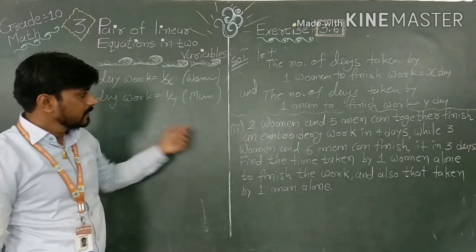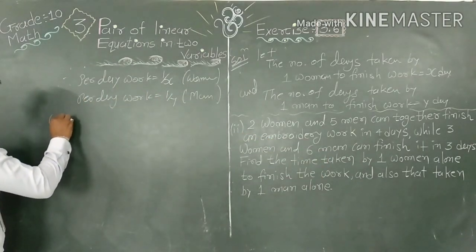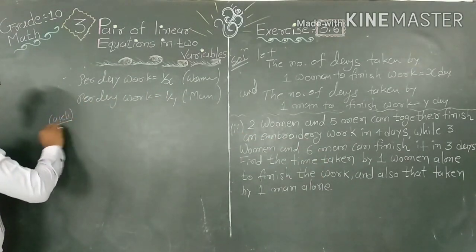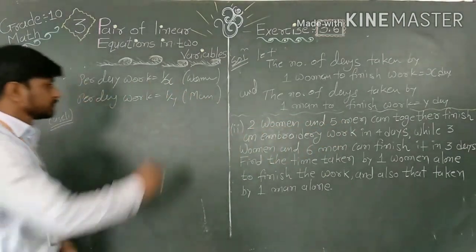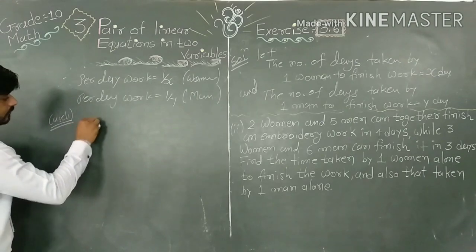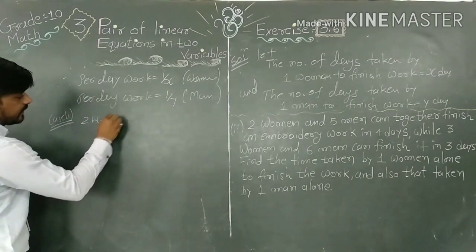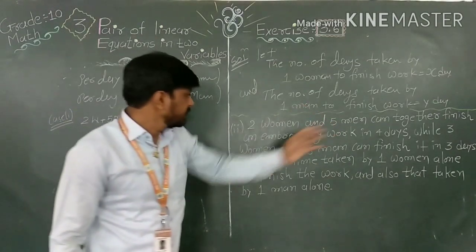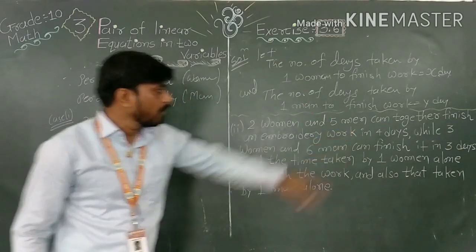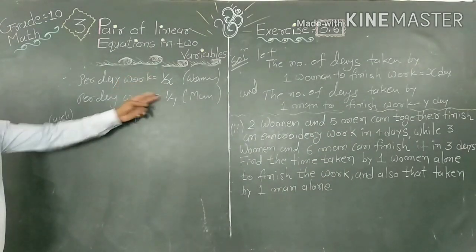What happened? Here there are two cases, so I write case 1. Okay. 2 women and 5 men together finish the work in 4 days. Now put these two values here.